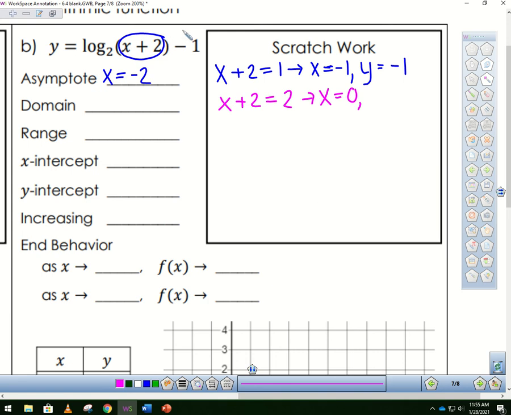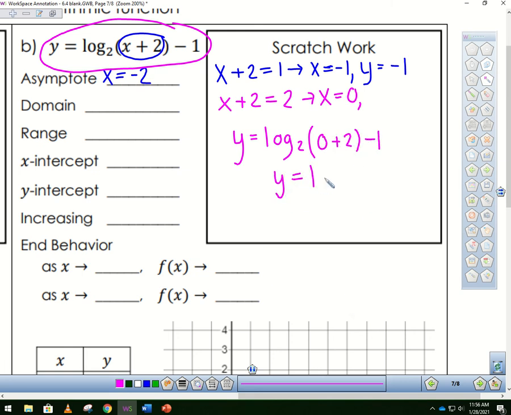And then we plug 0 back into the original function. So that's y equals log base 2 of 0 plus 2, minus 1. That's log of 2 minus 1 now. What is log of its own base? 1. So 1 minus 1 is 0.